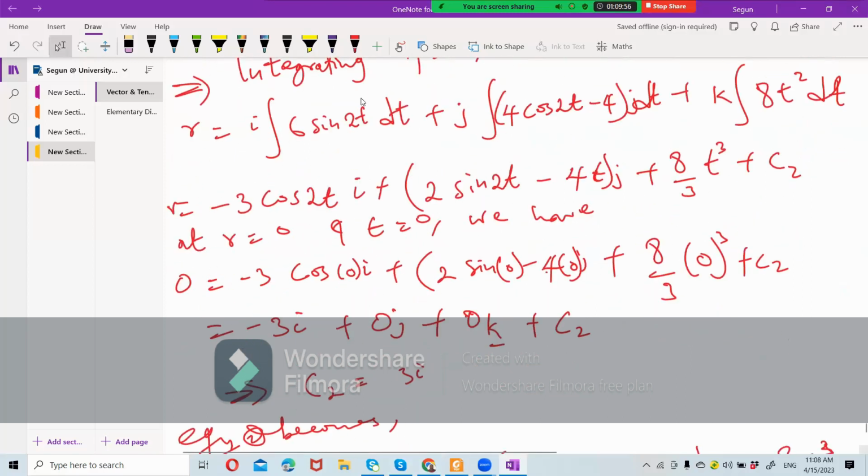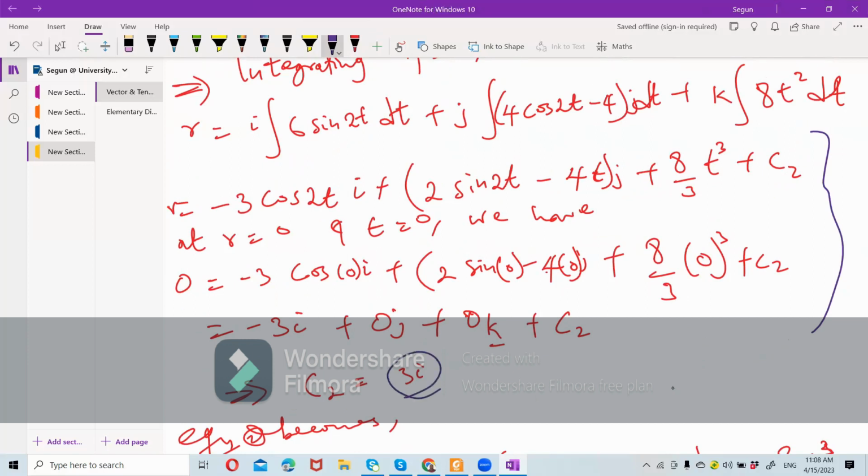Remember, when you resolve this equation 2, you first of all equate t to be 0 and r to be 0 to get your C2. Your C2 in this case is 3i. So substitute C2 back into this equation. If I put C2 as 3i, I have i here again. Another i is here.